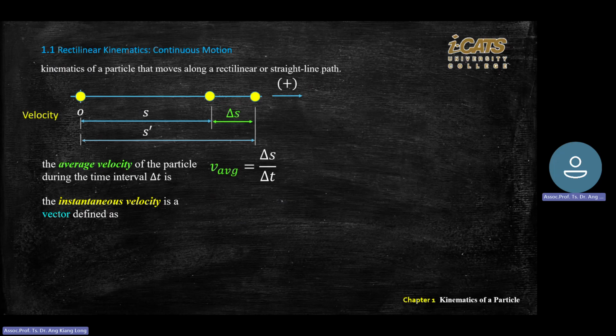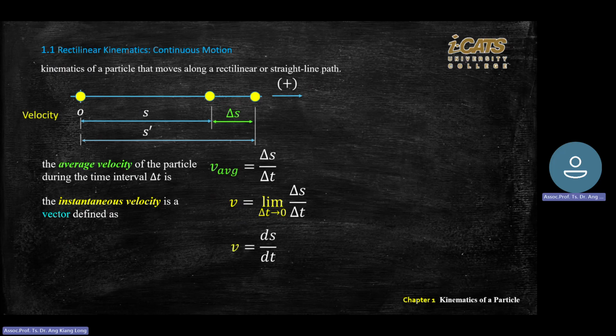Another thing you'll see in your test one: if the question asks you to find instantaneous velocity, you need to use a limit, what you learn in calculus. So you write V equal to limit as delta T approaches 0. Instantaneous means you freeze the time frame and the object stops there, so the change of time is very, very small, near 0, because you pause the time.